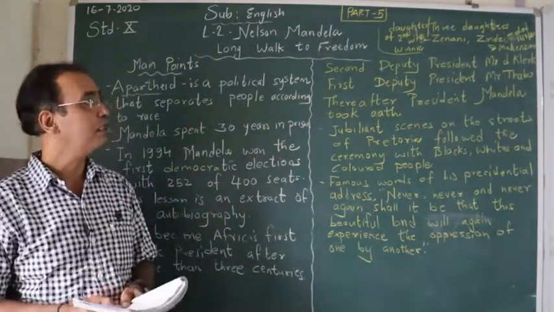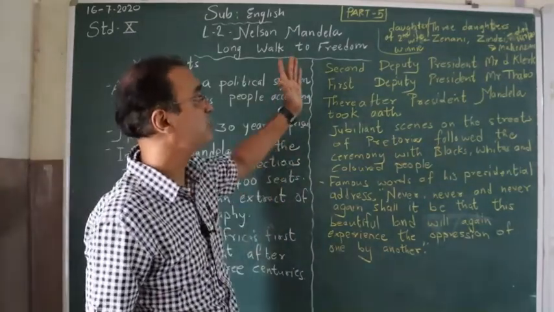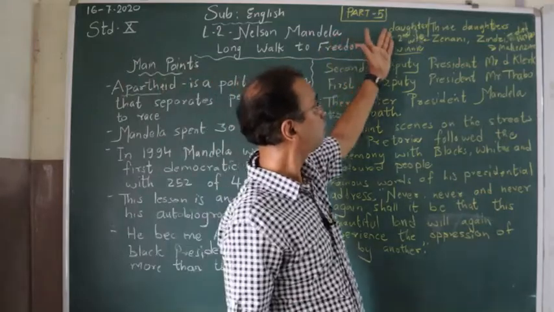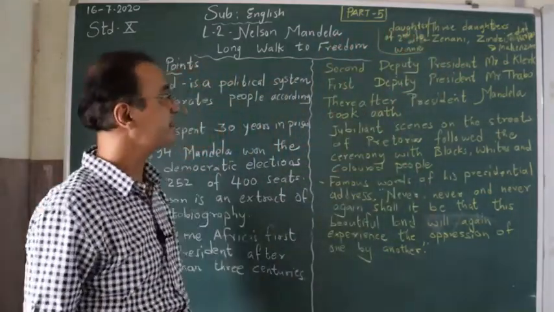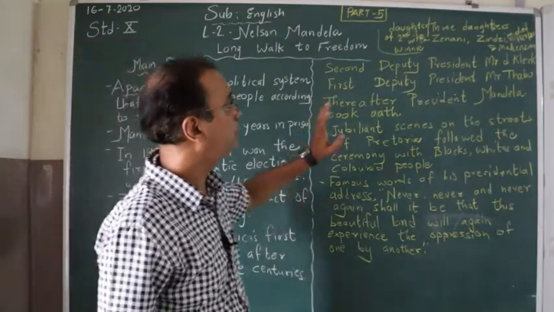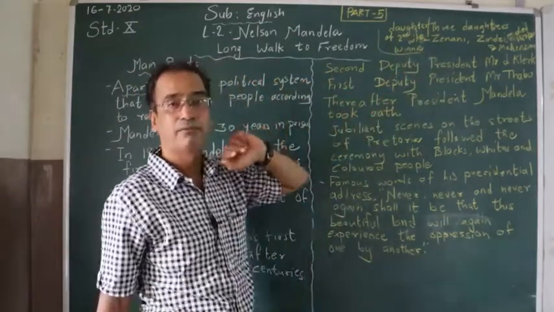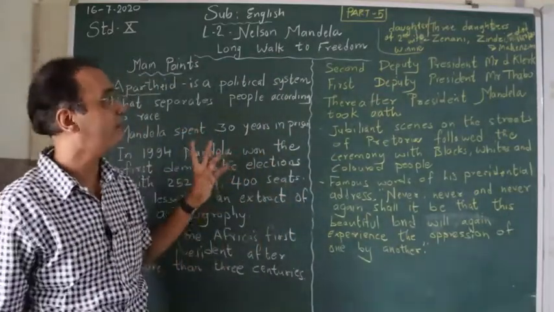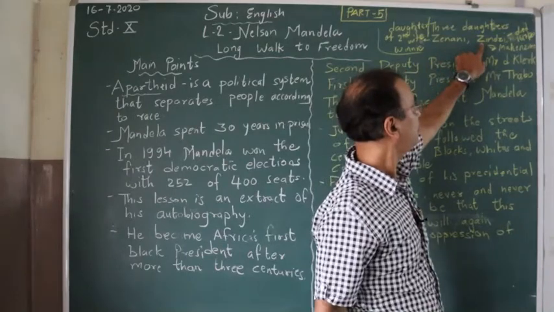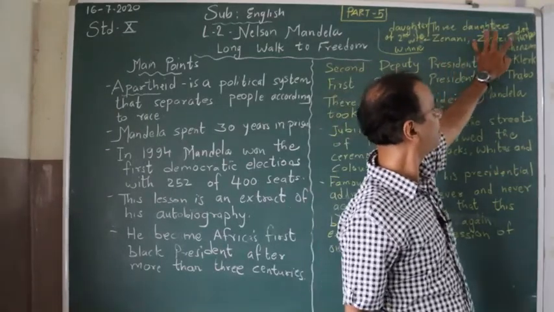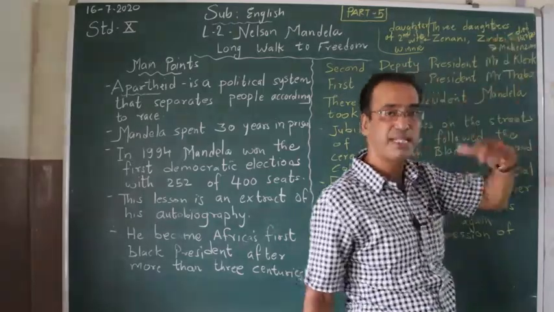And another thing you need to know for your general knowledge: how many daughters did he have? Three daughters. The first, Zenani, was from the second wife, Winnie Mandela. Of the other two daughters, Zinzi recently died, just the day before yesterday.